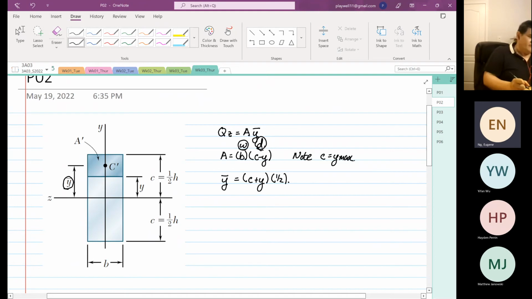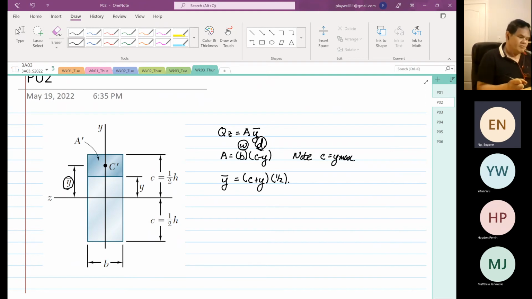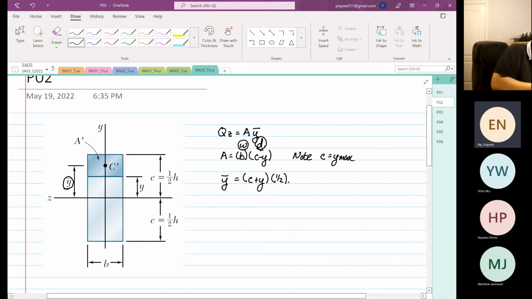Okay, and some of you might ask why C plus y multiplied by half. So I'll give you an example. Do not memorize this, okay? If this is equal to 3, right? And then the next one, this is equal to, wait, let me think.